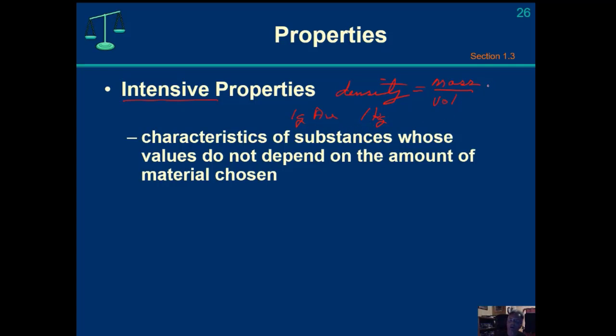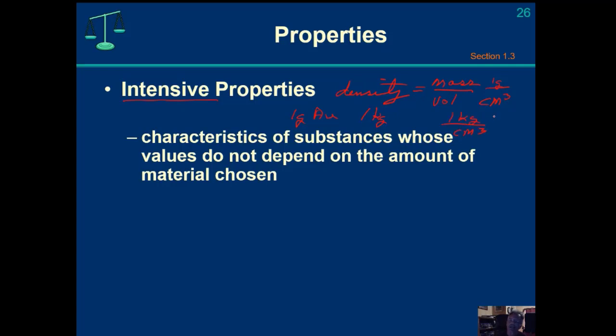So as I go from 1 gram, and I'm going to go ahead and use a unit called cubic centimeters, which we will get to in a little bit. The ratio of grams to the number of cubic centimeters is what we call the density.